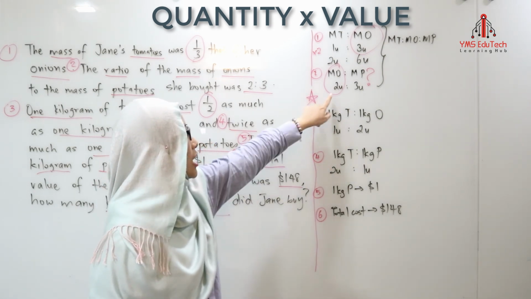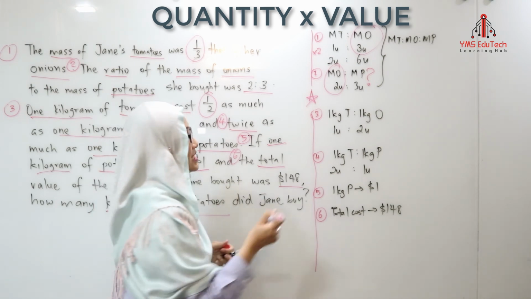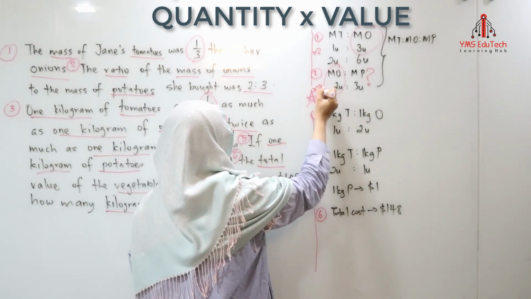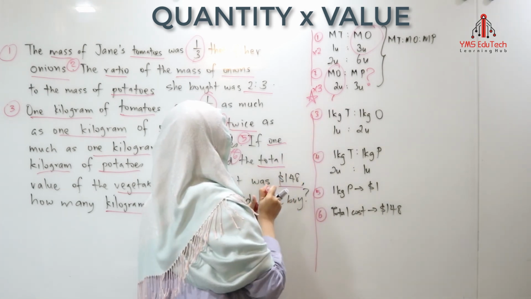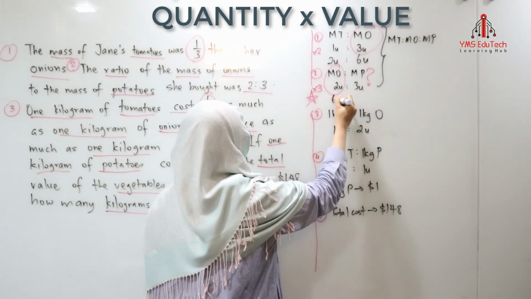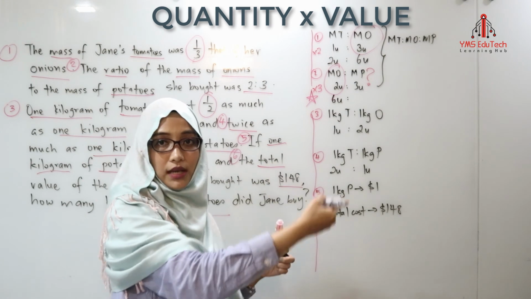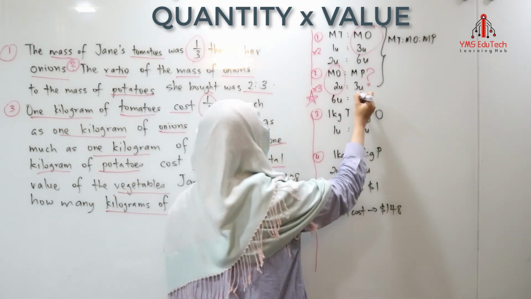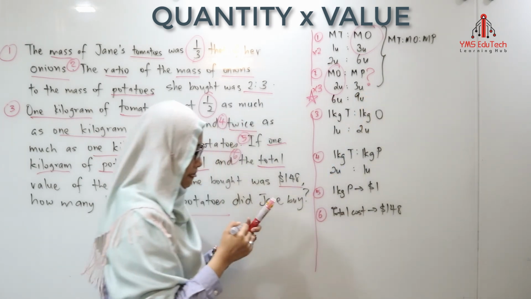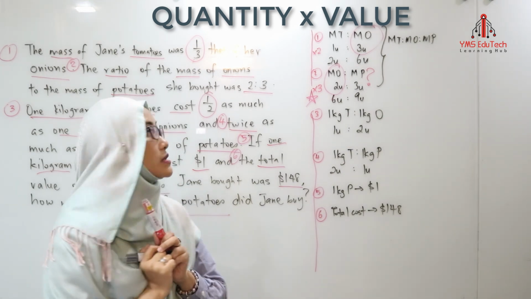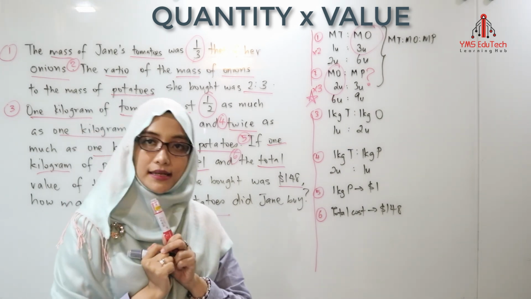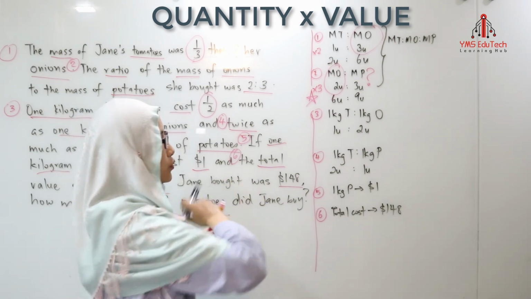Next, how do I change 2 to 6? I must multiply by 3. So 2 multiplied by 3 will give me 6 units. Do the same to the neighbor, which is the mass of potatoes. I will have 9 units. So now I can combine the mass of tomatoes, mass of onions, mass of potatoes in one row.